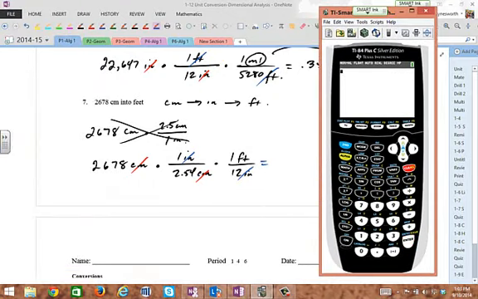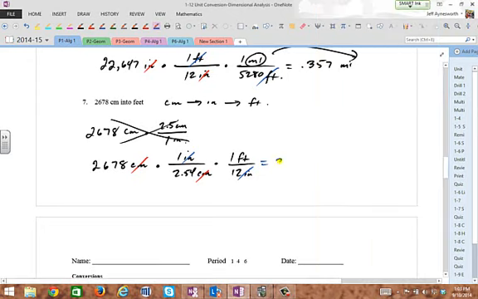So we've got 2,678 divided by 2.54, because it's in the denominator here, divided by the 12, and we get 87.86. So 87.86 feet.